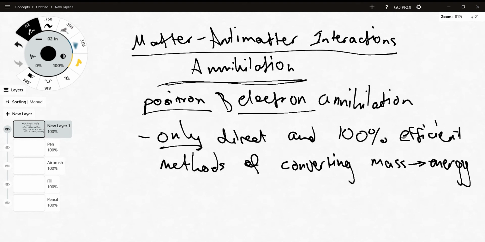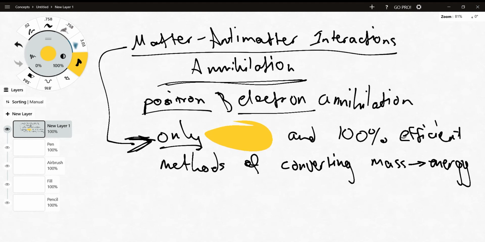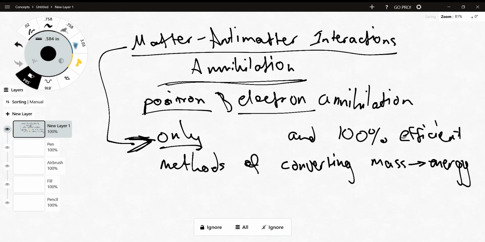That's what a matter-antimatter annihilation is. It's one of the only direct and 100% efficient forms of converting mass to energy.